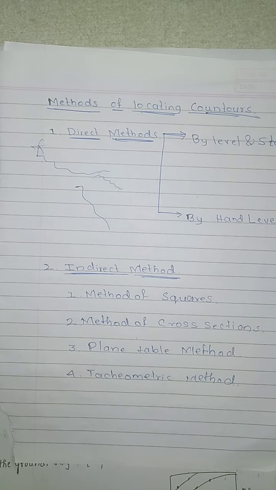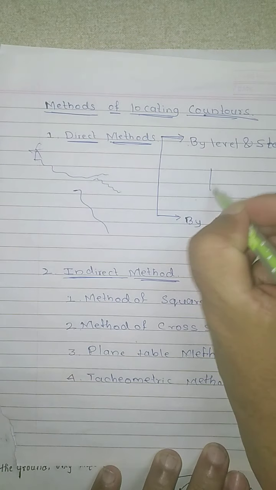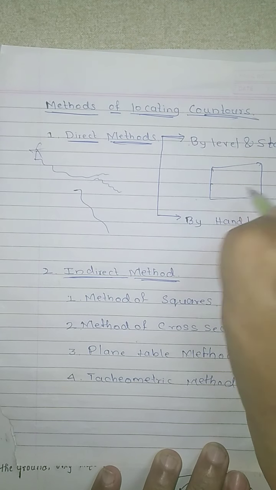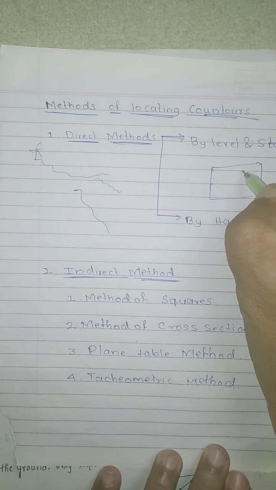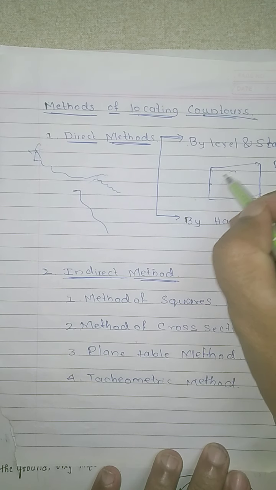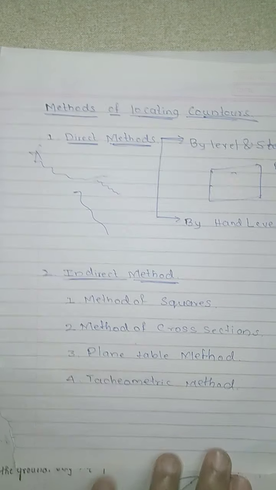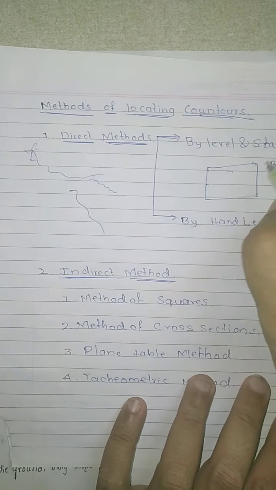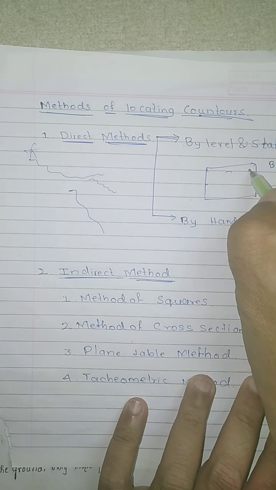Okay, now suppose you are going to survey one particular area. By using the level and staff, you will have some benchmark, right? A benchmark is nothing but your fixed point from where you have started the reading. In this area, if you want the contour map, suppose you have got one reading, say 107 RL.